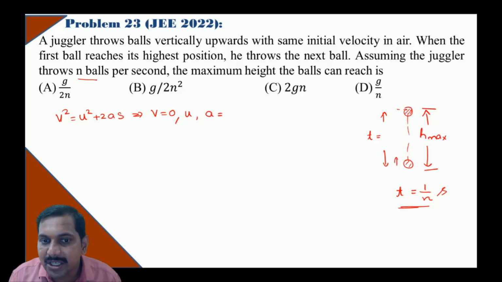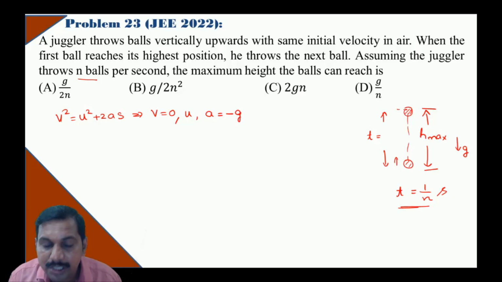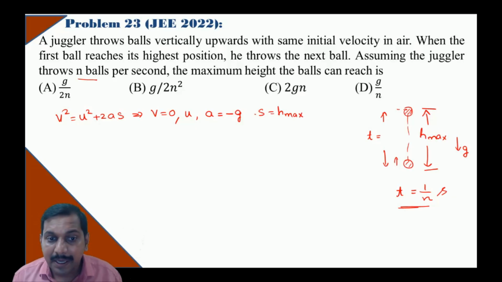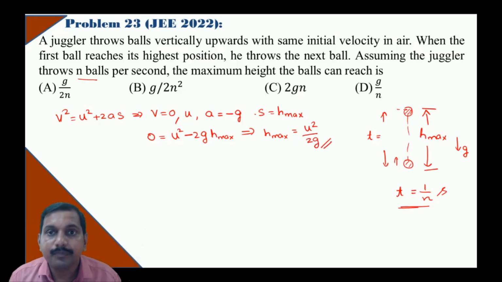Acceleration is opposite to the direction of motion, so I will put it as minus g, and s is h max. Applying this, we get 0 is equal to u square minus 2g h max. Using this, h max equals u square by 2g. Let this be equation one.